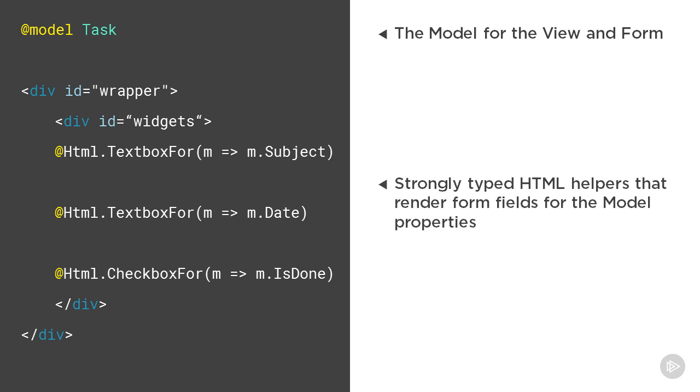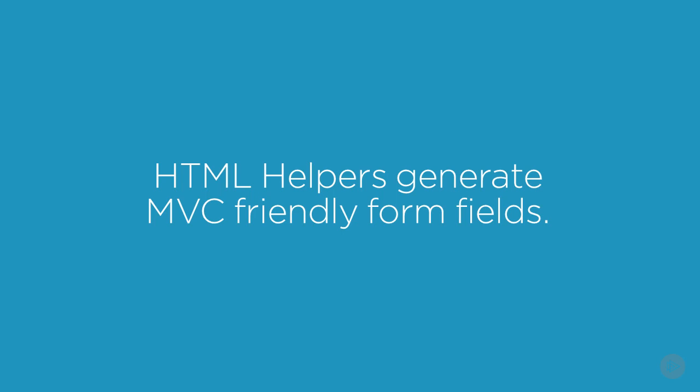This will ensure that rendered form fields are named properly, so they're processed correctly by the MVC framework when the form is submitted. Now, if this model binding process sounds confusing, don't worry at all right now. The main takeaway here is that HTML helpers generate form fields that work efficiently with MVC features like model binding. In the next module, we'll explore this in more depth.